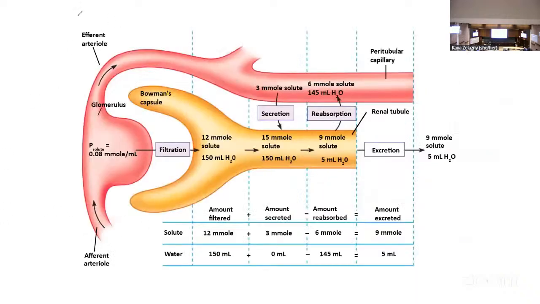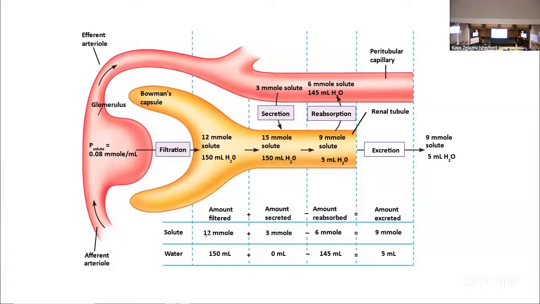If we zoom in a little bit, if we have a solute, we start with a certain amount filtered into the kidney. Anytime we secrete additional amounts, we're going to add those in. Anytime we reabsorb, reabsorption is moving back into the bloodstream, so we'd subtract those away, giving us an excretion amount.